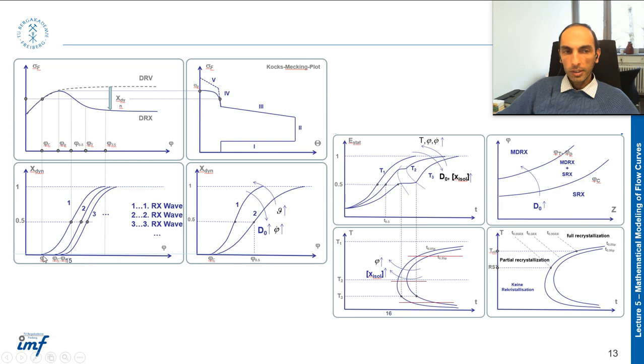It's possible that a grain is deformed and recrystallized and again deformed and recrystallized in a very short period of time during the deformation. So the first curve is for the first wave of recrystallization, and again the grain is deformed and recrystallized, the second wave and third wave and maybe more.